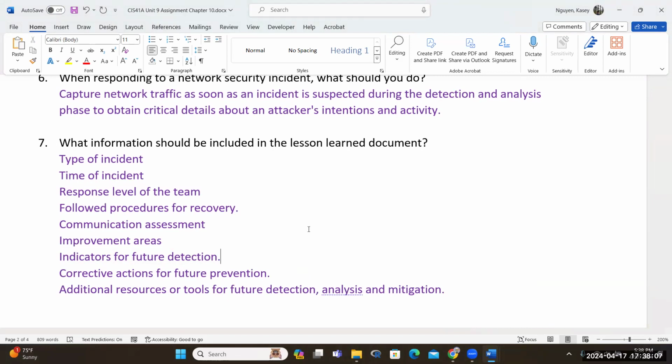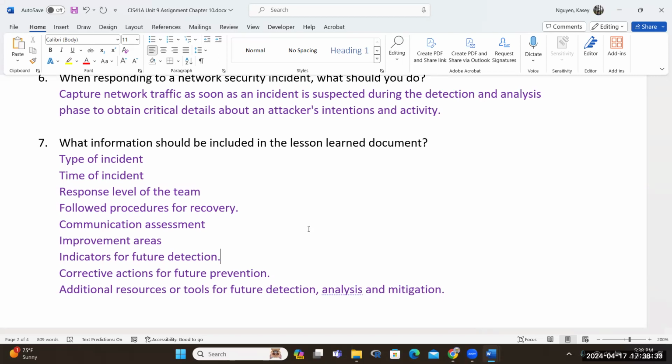And then corrective actions for the future prevention. As you know, anytime it's the first time for something, it's always going to be tedious, slow, and cumbersome, right? Sometimes very difficult. But with that, we learn something and we improve, and in the future we would be faster in responding. We would see it right away, right?